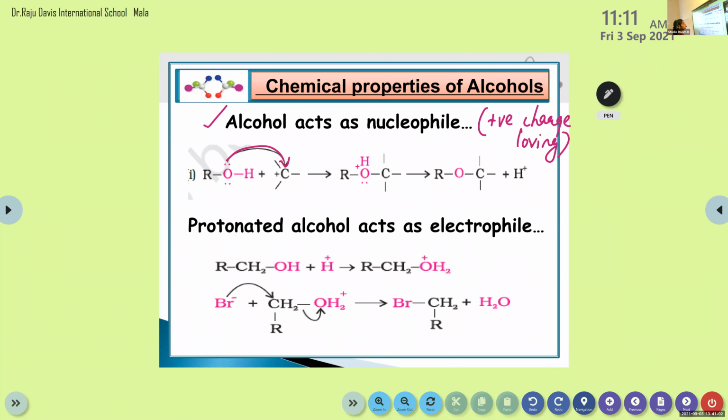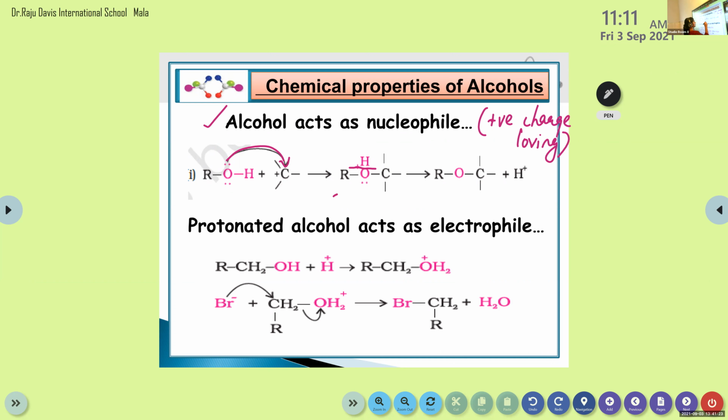When alcohol acts as a nucleophile, the bond breaking always takes place between oxygen and hydrogen. That means cleavage of the OH bond takes place.